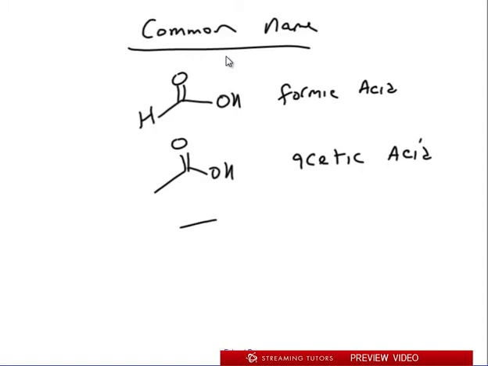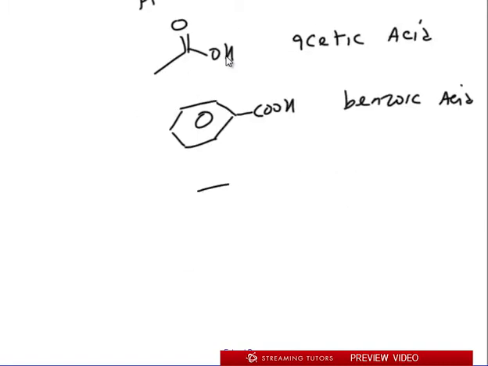If you have this one you learned about in exam 1, if you have a benzene with a carboxylic acid, that's called a benzoic acid. Now, what if you have a benzene and then a carbon and then the carboxylic acid, right?